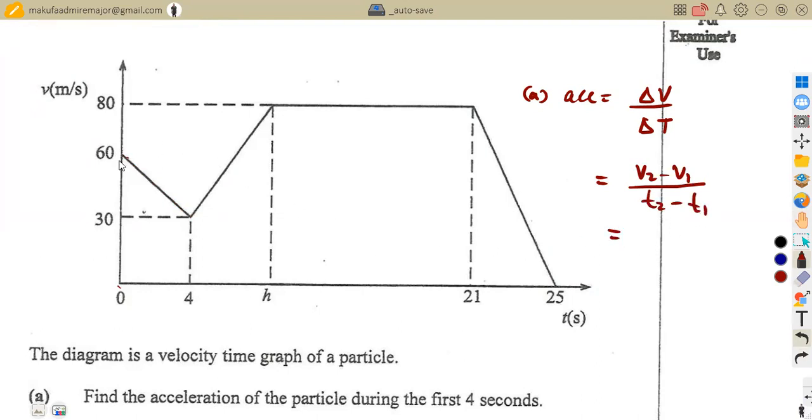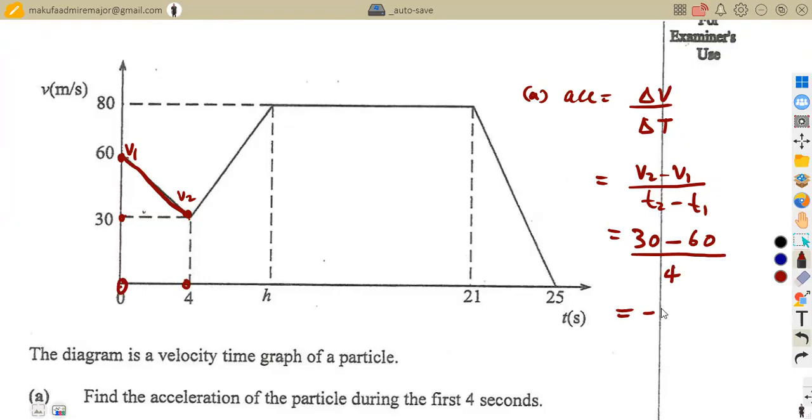So the change in velocity: we started at 60, it decreased, now we are at 30. So this is our V1, and this is our V2, which corresponds to 30. So V2, that is 30, minus V1, which is 60, everything over the time taken from 0 to 4, that's 4 minus 0, which is 4.